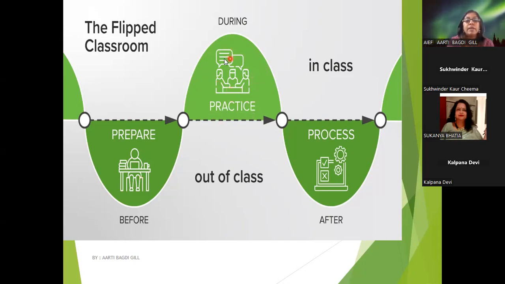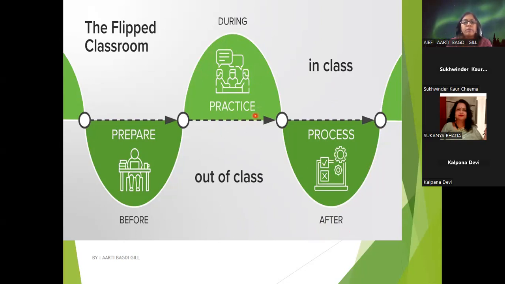So definitely my mind says that it is going on in the class. Okay. Then here I can see process. In process, I can see something is going correct, something is actually not going correct. I'm doing brainstorming. It is after. Meaning, what I am doing in the classroom is just the practice work.